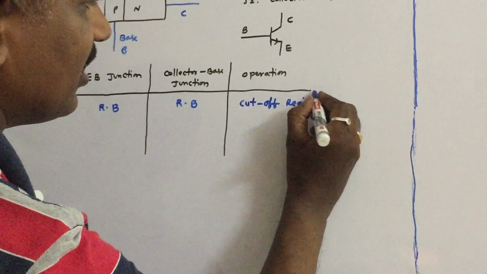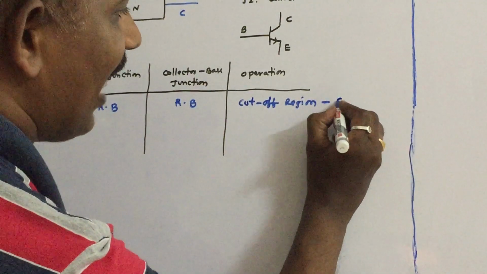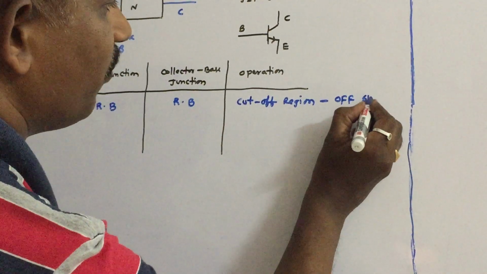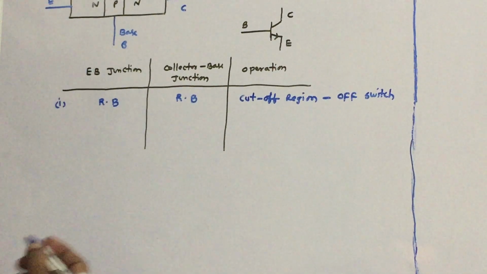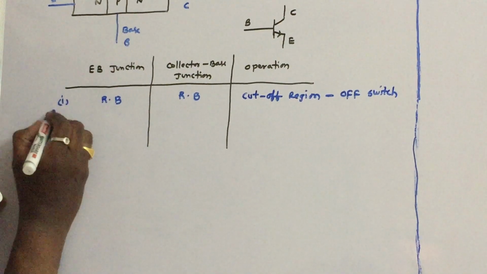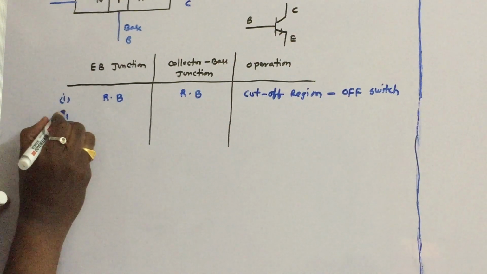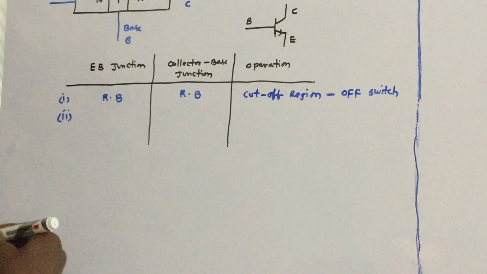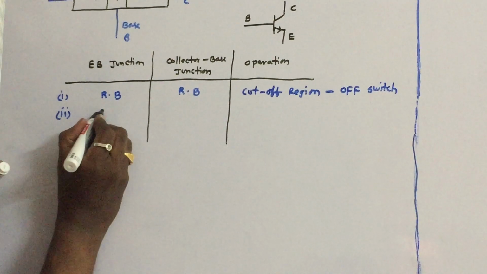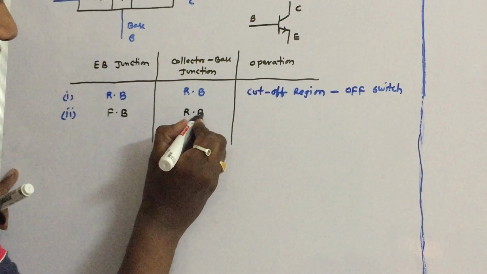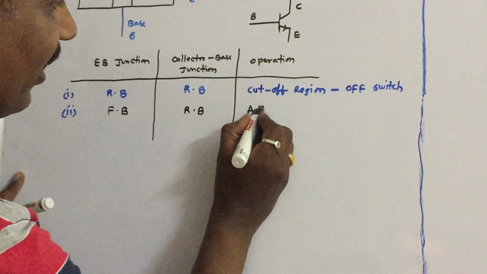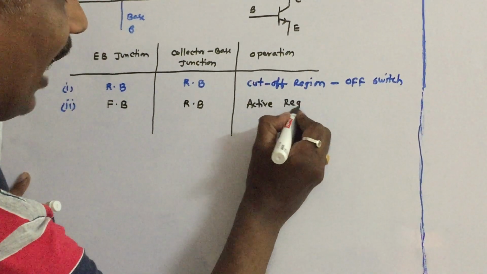When the transistor is acting in the cutoff region, it acts as an off switch. Very simple, very important points. These three points are very important in competitive exams. Now number two, when the emitter base junction is forward biased and the collector base junction is reverse biased, the transistor will act in the active region.